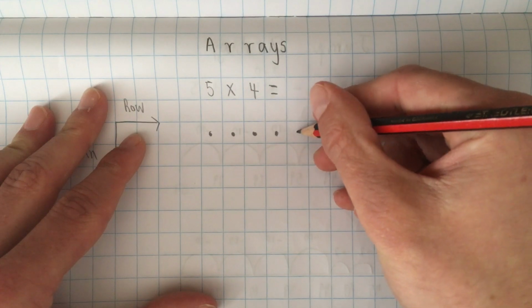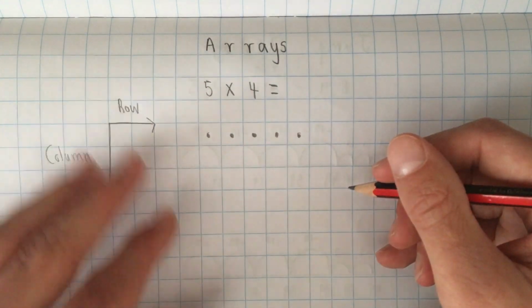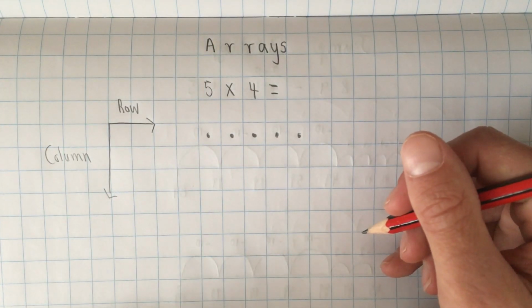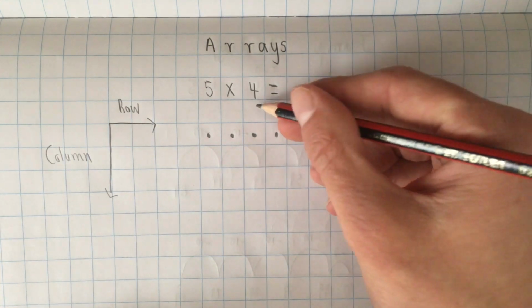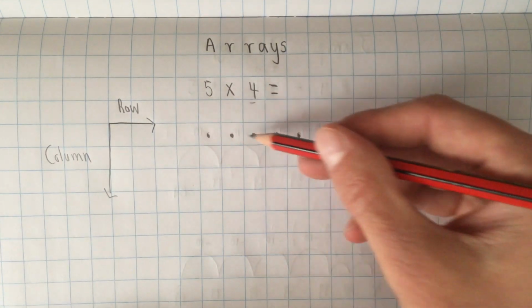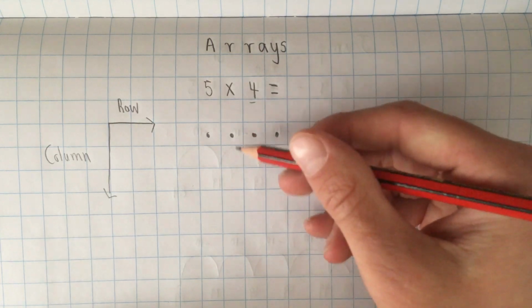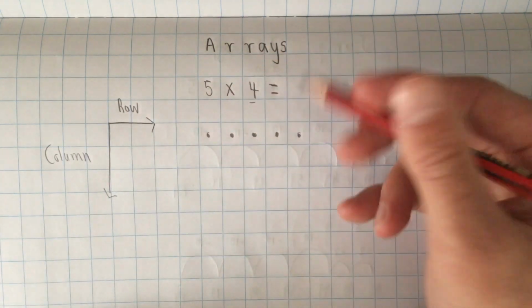1, 2, 3, 4, 5. Then I'm going to create 4 rows underneath. So far I've got 1 row already made, and this will extend my column down.